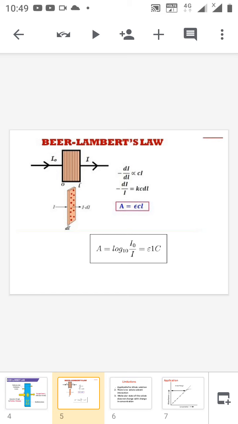So -dI/dl is directly proportional to C times I, where C is the concentration of the solution and I is the intensity of the light.